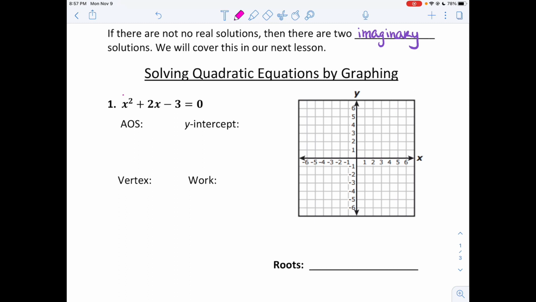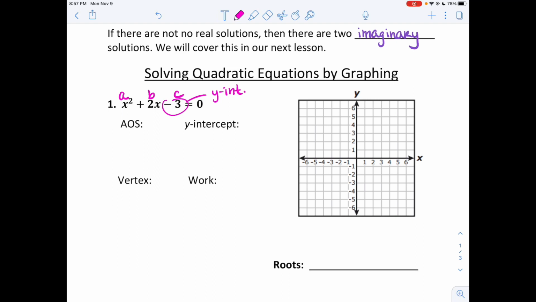And so I can identify my a term, b term, and c term. And we need to remember back to chapter 3 to remember how to find our axis of symmetry and our vertex and our y-intercept. The y-intercept is super easy. It's always going to be this c value in our standard form. So this is the y-intercept.